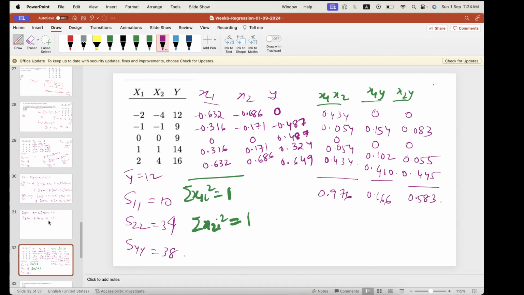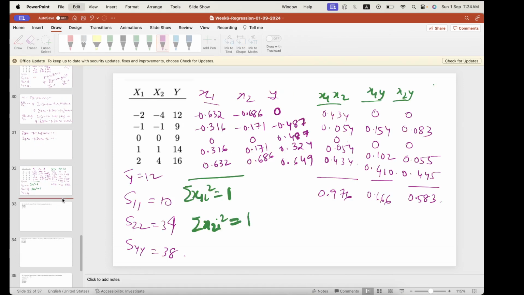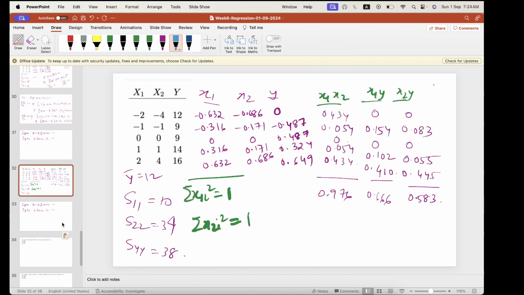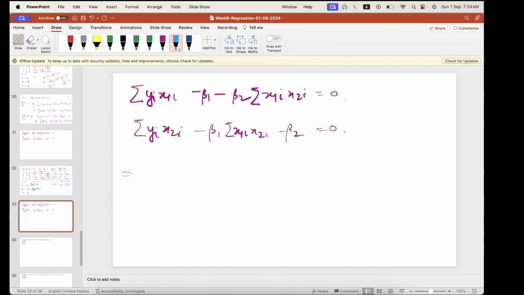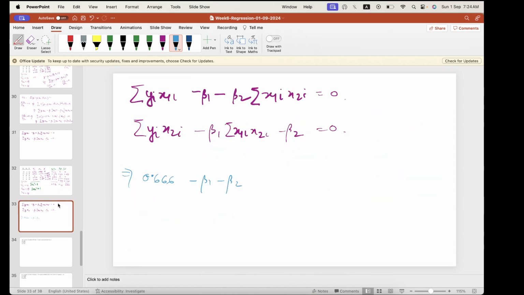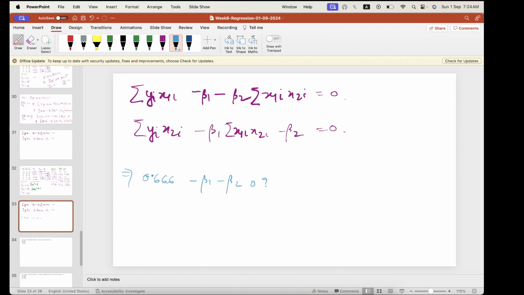Okay, so now coming back here, we'll have summation y1 x1 is 0.666. So this will be 0.666 minus beta 1 minus beta 2 into x1 x2, 0.976 equal to 0.